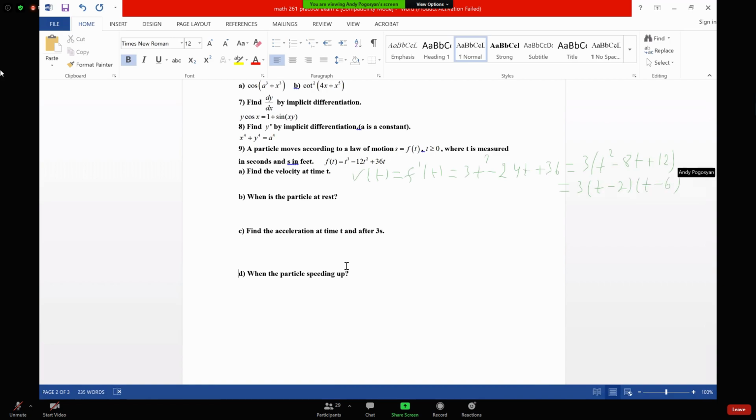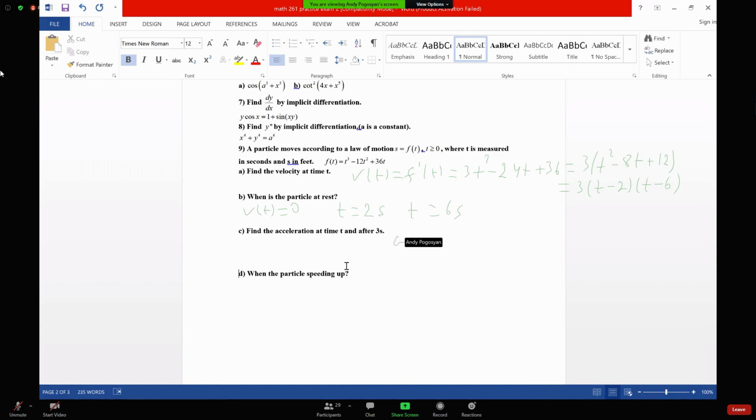Okay, when is the particle at rest? So that means v(t) must be 0. See, in a factored form, you can tell already t equals 2 seconds. T equals 6 seconds. At those points, it's at rest. So velocity equals 0. Find the acceleration at time t and after 3 seconds.